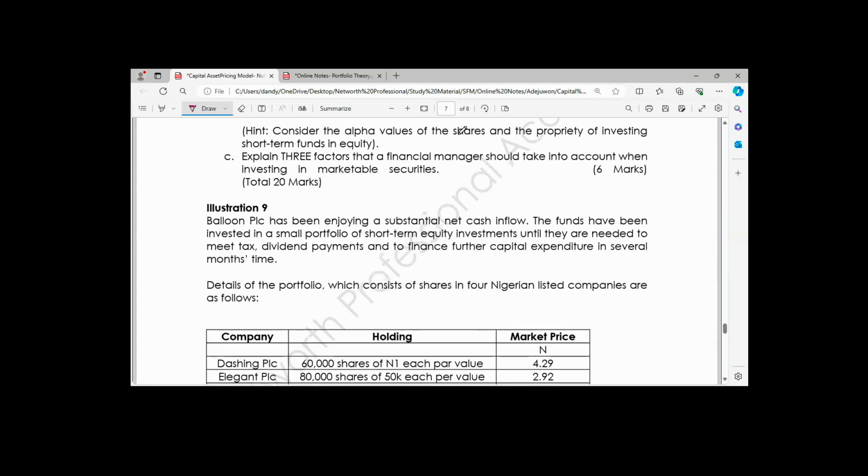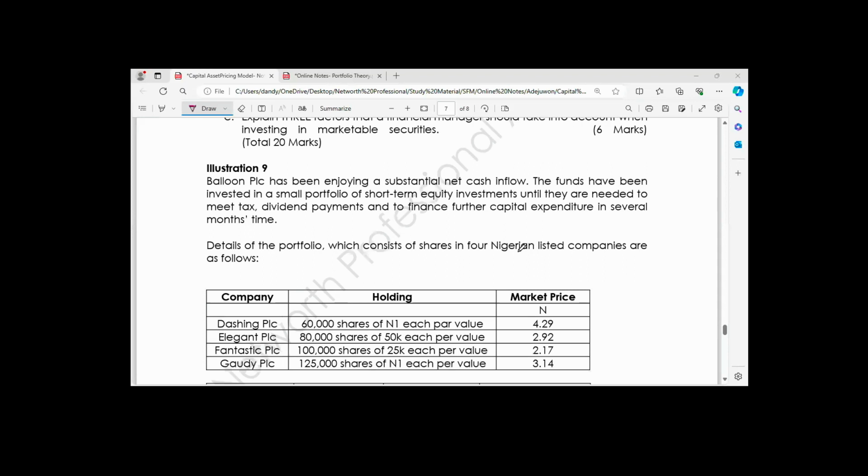Who will read for us again? Any volunteer, please? Illustration 9. Thank you. Balloon PLC has been enjoying a substantial net cash inflow.